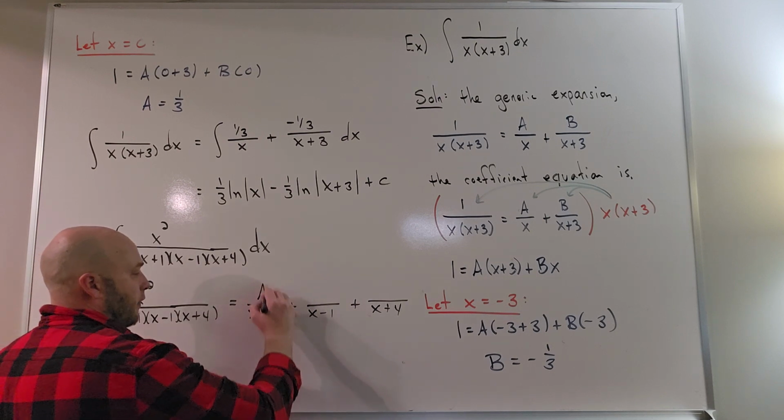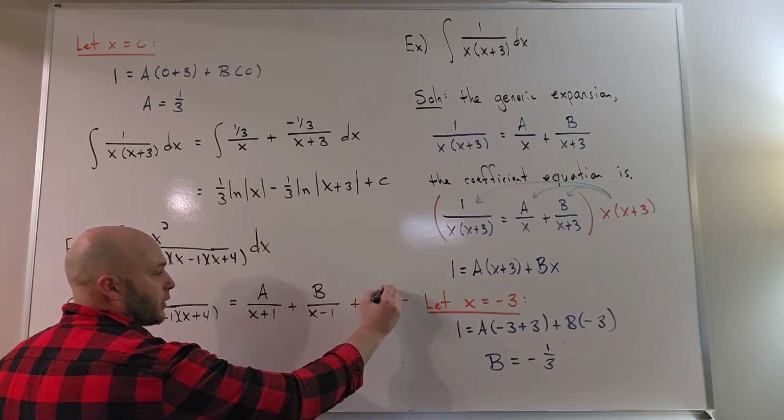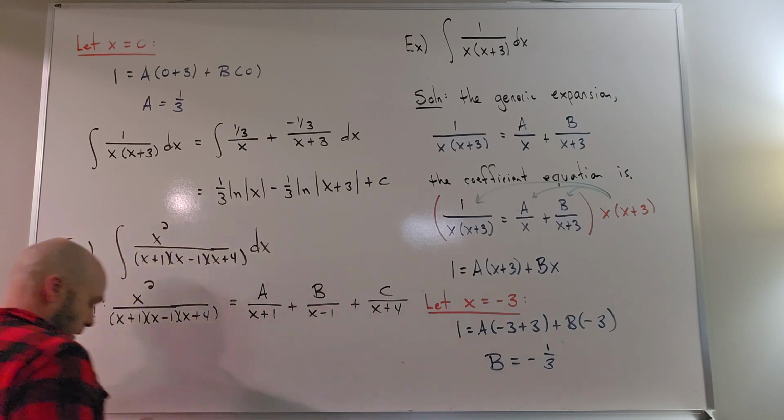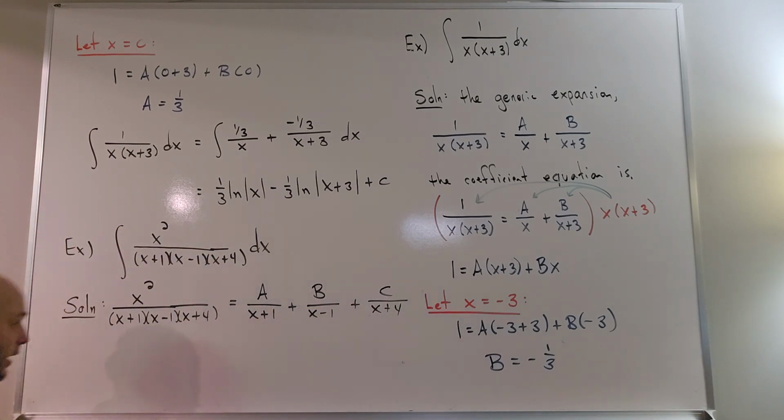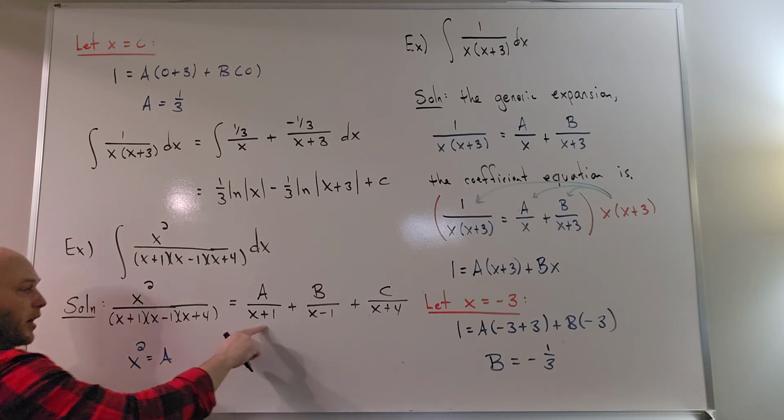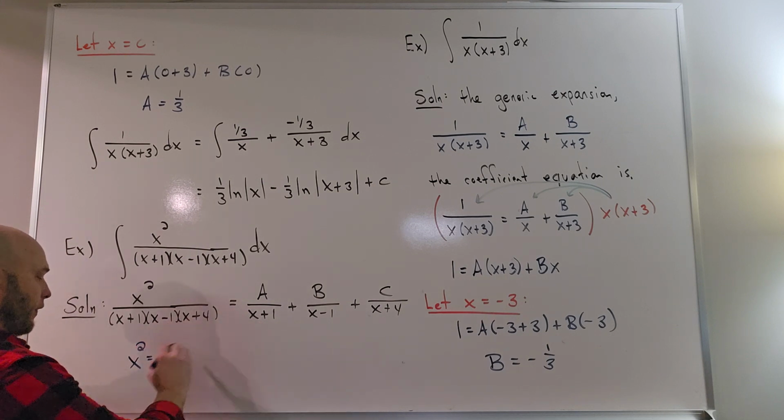In this case, we're going to have 3 unknown coefficients, a, b, and c. So there's my generic expansion. And then to get the coefficient equation, we're going to multiply both sides by this entire denominator. That gives me the following for my coefficient equation. X squared is equal to a, well, the x plus 1 will cancel, leaving the other 2 factors.